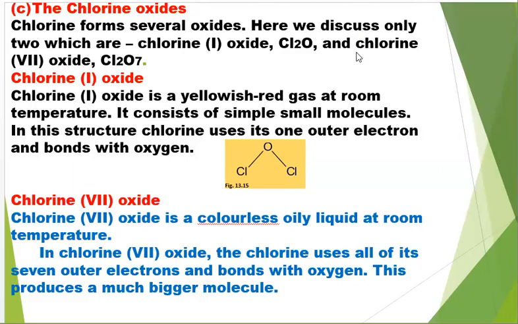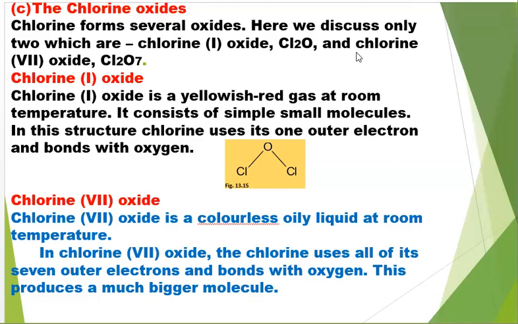Chlorine forms several oxides, but we will discuss only two of them. One is chlorine monoxide and the other is chlorine 7 oxide. In chlorine monoxide, the chlorine is in the +1 oxidation state, while in chlorine 7 oxide, the chlorine is in the +7 oxidation state.